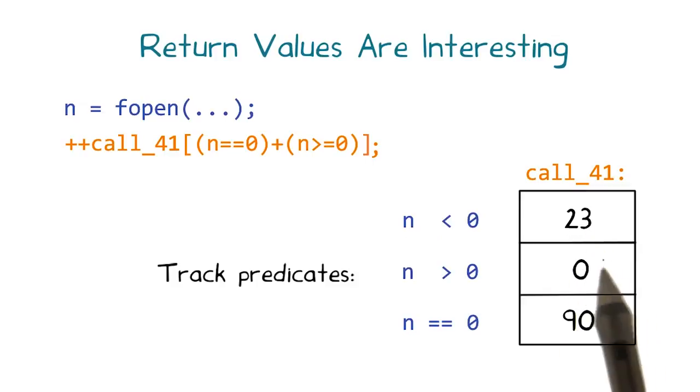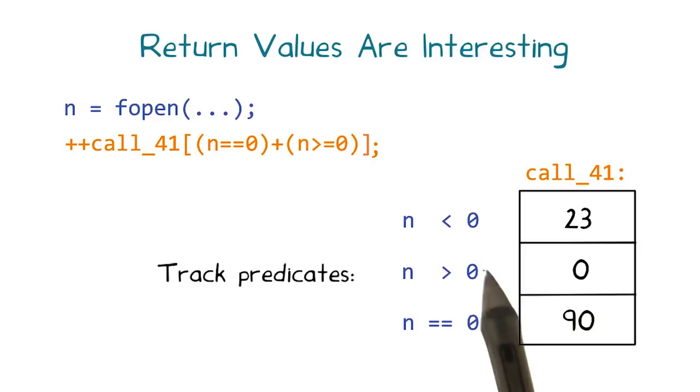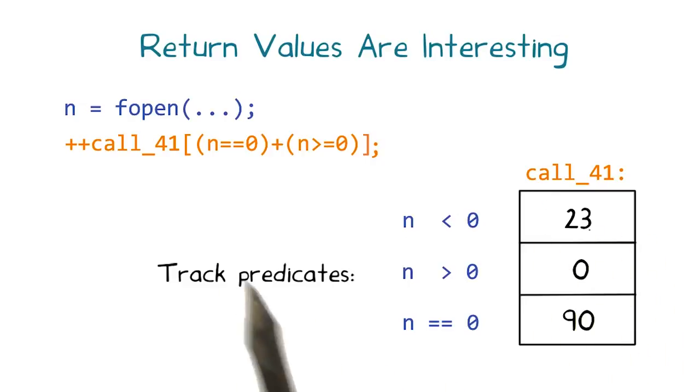The next cell will count the number of times n was observed to be greater than 0, in this case 0. And the last cell will count the number of times n was observed to be equal to 0, in this case 90. We will maintain a unique such array for each integer returning function call in the program.